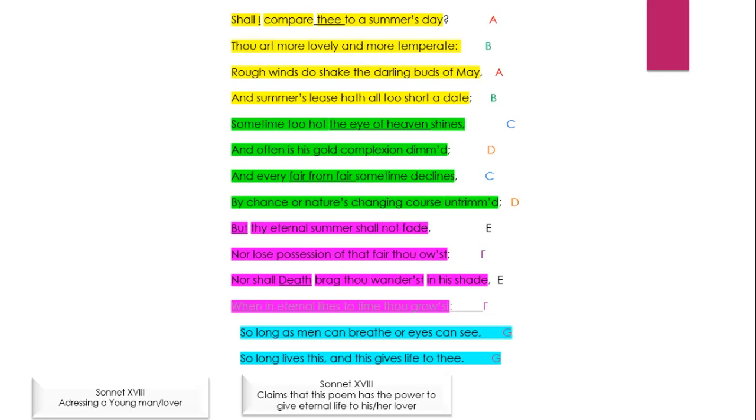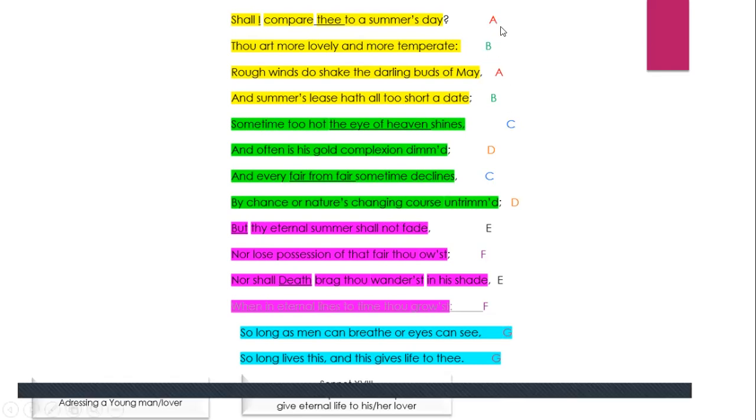Okay, I'm going to read it first. Notice the rhyme pattern: A B A B C D C D E F E F G G. Notice that all the lines have the same size because the whole sonnet is written in iambic pentameter.